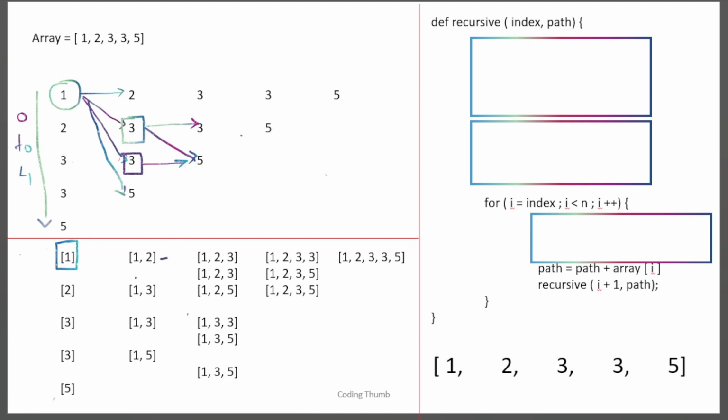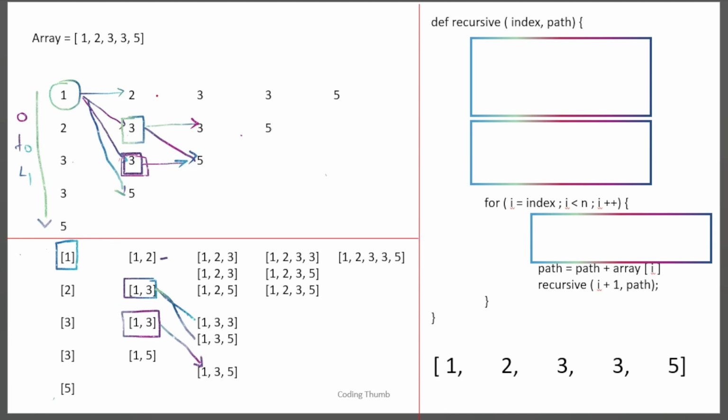So you see from this first 3, we get this 1, 3, which then gives us 1, 3, 3 or 1, 3, 5. Now the next 3 here gives us this 1, 3, but it gives a duplicate combination of 1, 3, 5. Now that is specifically what we need to avoid.